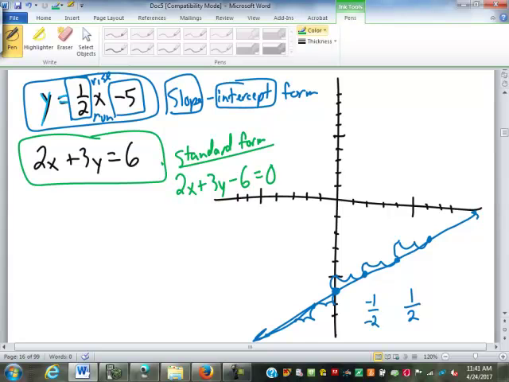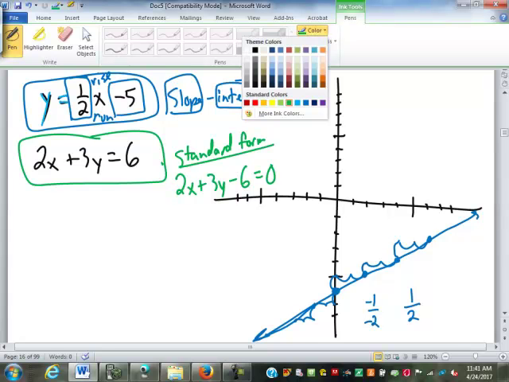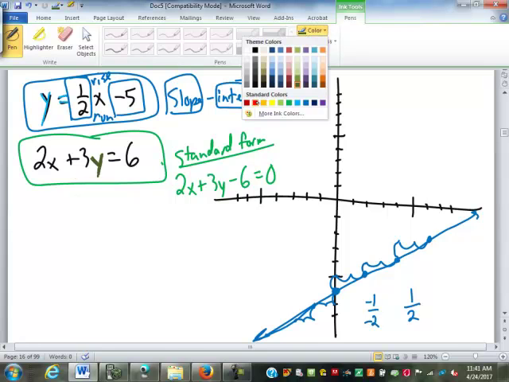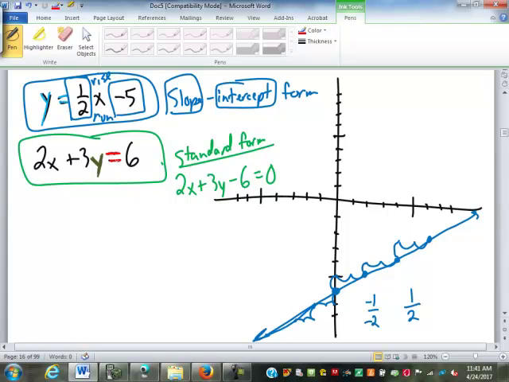So looking at that, the first thing we have to do to graph it is to put it into this slope-intercept form, y equals form. So I'm going to solve it for that variable y. To do that, I have to get rid of everything else that's on that side of the equation. So here's my equal sign.